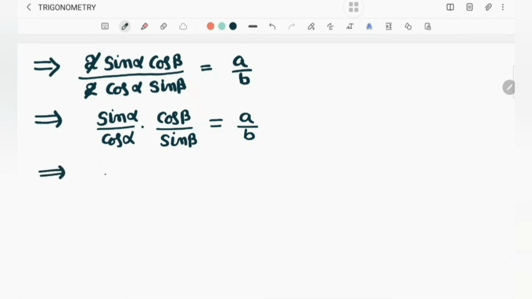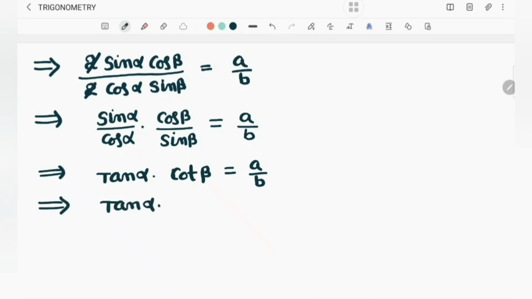Sin alpha by cos alpha is tan alpha, into cos beta by sin beta is cot beta, is equal to a by b. But the answer should be in terms of a, b and tan only, no? So tan alpha into cot beta, where cot is the reciprocal of tan, so 1 by tan beta, which is equal to a by b.